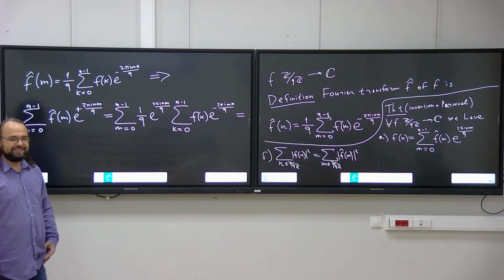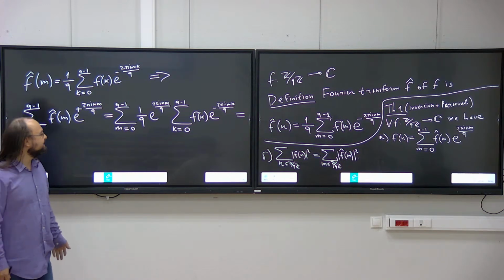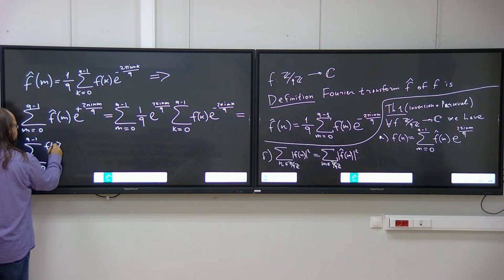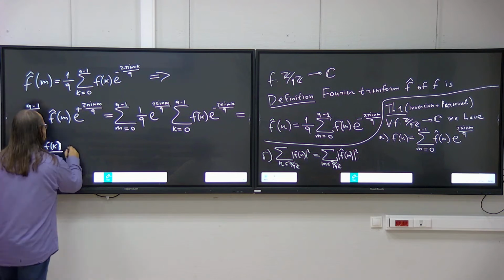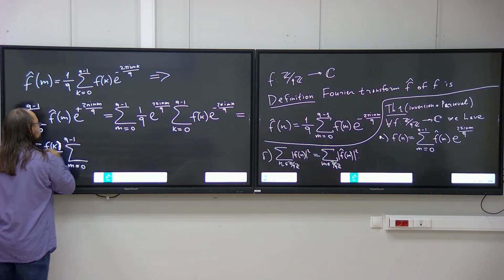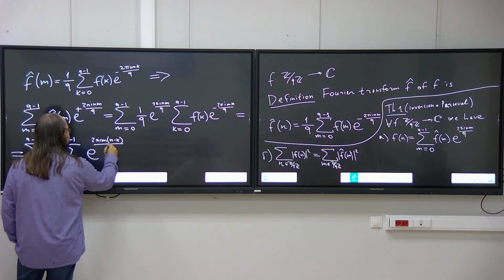Just change the order of summation. This is the main kind of trick in analytic number theory, that you can change orders of summation. So you get the outside sum over all k from 0 to q minus 1, f of k divided by q, and then you have the inner sum over all m from 0 to q minus 1, e to the power 2 pi i m (n minus k) divided by q.